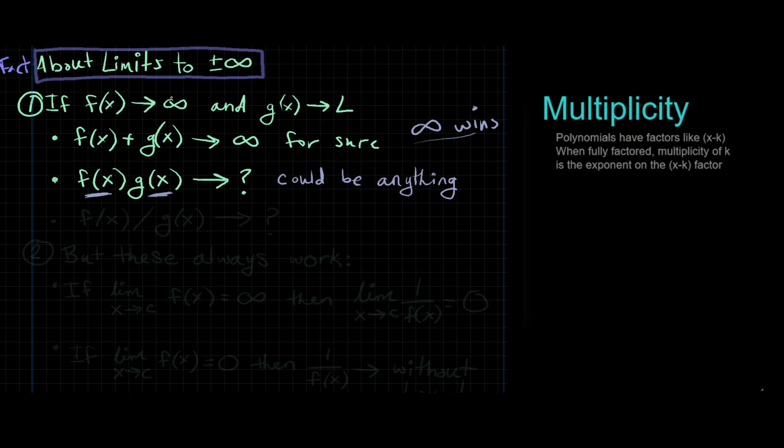We might talk about something like that if we study L'Hopital's rule in Calc 1 or Calc 2. What if I divide? If I divide, that could still go either way. It could also be anything.